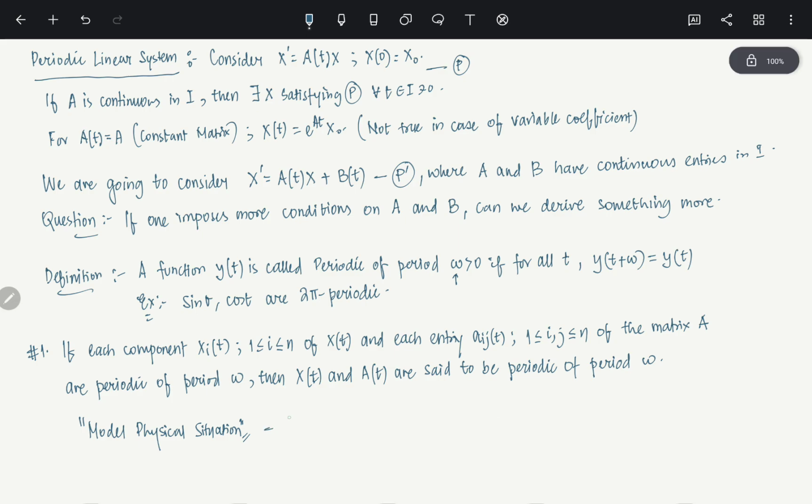For example, the motion of planets, sun, moon, or in biology, our heartbeat, or the growth of our hair. Most biological features, space science, motions of planets, or pendulums are generally periodic motions. So it makes sense to study periodic systems, and that's the idea of studying this.